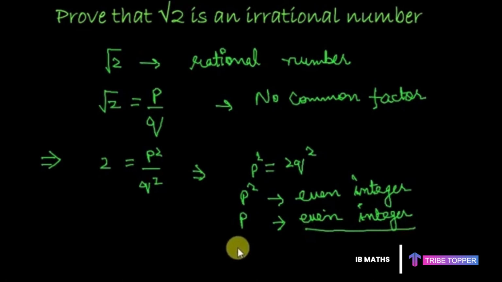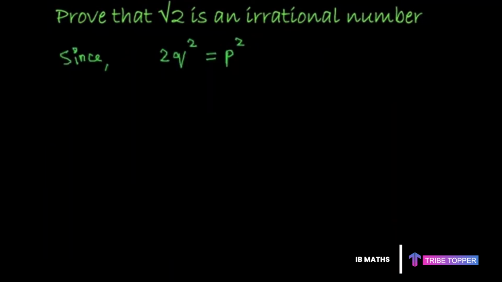Whenever we say some number is an even integer, it can be expressed as 2 times k. Whatever is the value of k, on multiplying with 2, you would get an even number. So p can be expressed as 2k. Now since 2q square is equal to p square, which we just got, we say 2q square is equal to 2k whole square, because we just assumed that p is 2k.